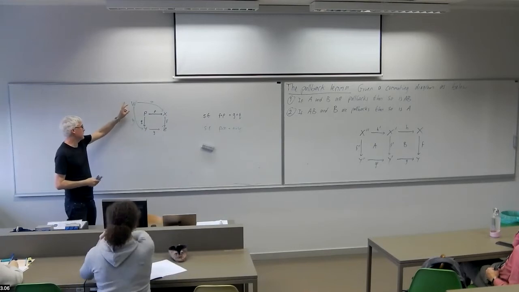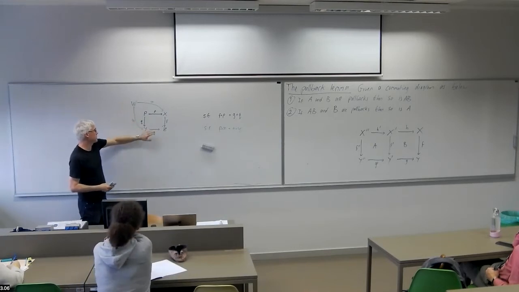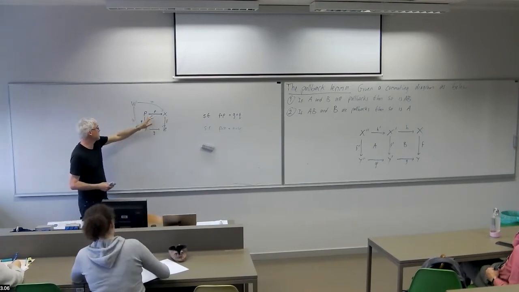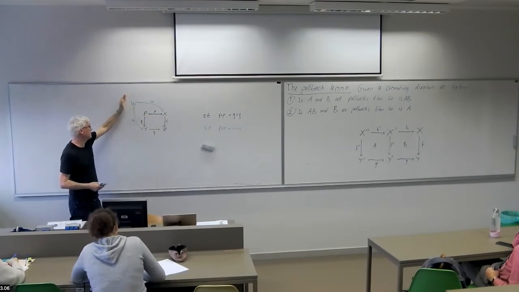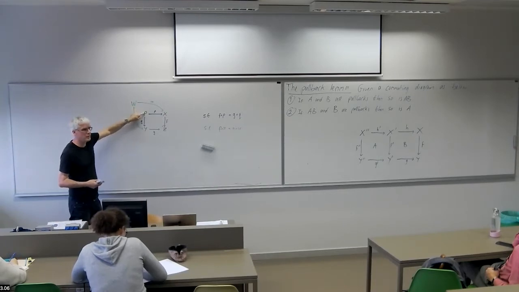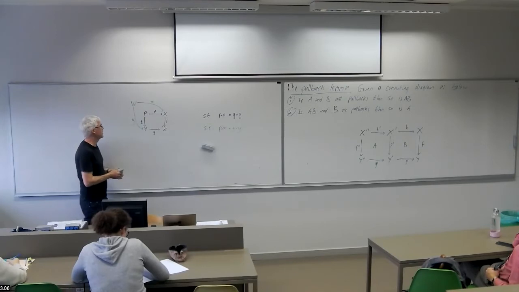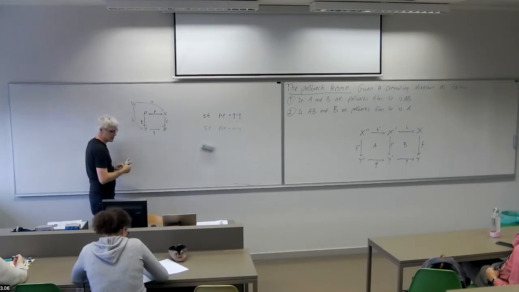And then the property is, so it's a cone such that for any other cone, there exists a unique map from W to P that is a map of cones. And a map of cones means, once again, all the triangles that make sense commute.